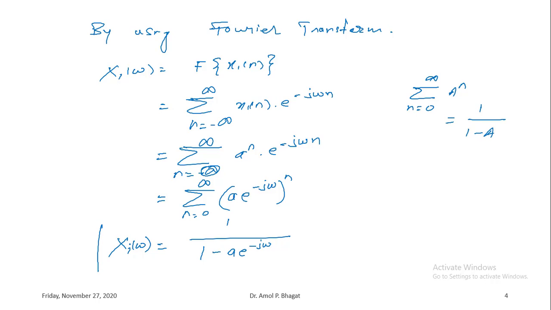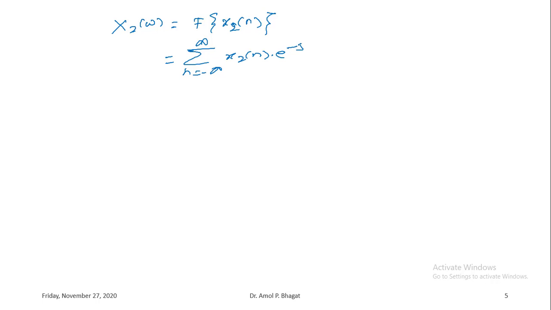Similarly you can identify the Fourier transform of x2 of n, which I will indicate as x2 of omega. So again it will be summation n equals minus infinity to infinity of x2 of n into e to the power minus j omega n. This is nothing but your x2 of omega.